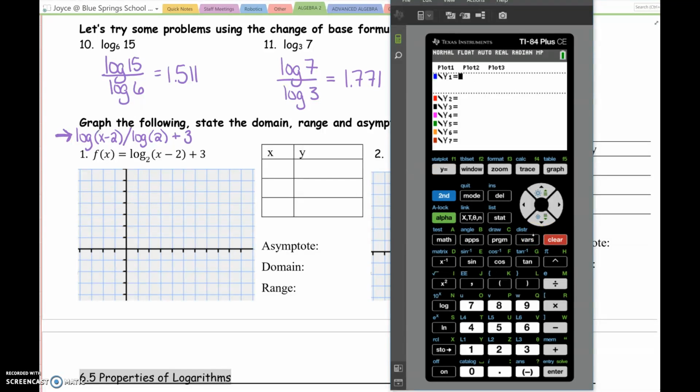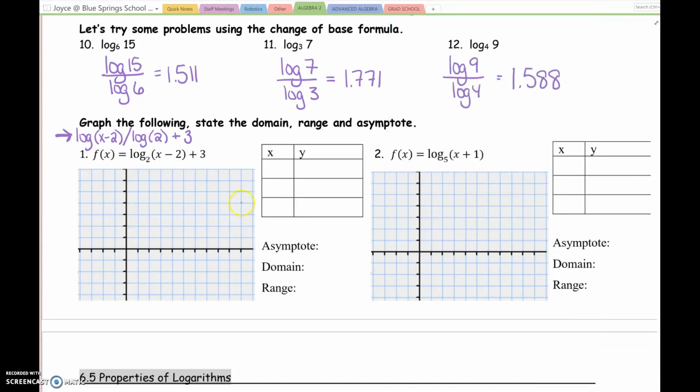So in my graphing calculator, first go to y equals so we can graph. If you're using the log base feature, I'm probably going to write this on the board somewhere. It's alpha window number 5. That's the keystrokes to get that log base.